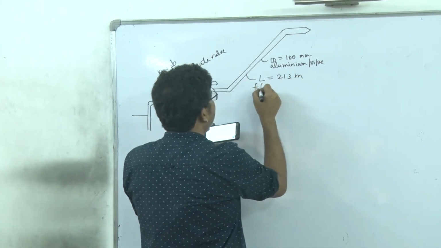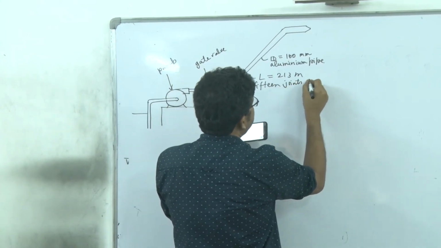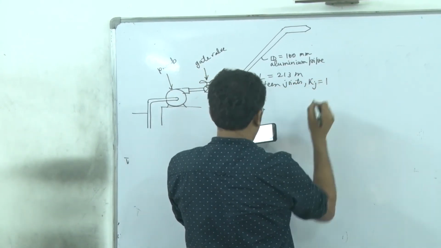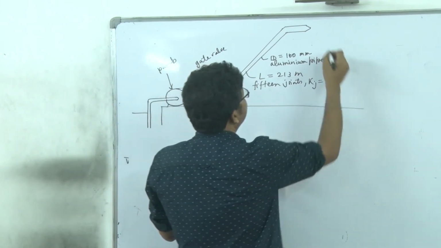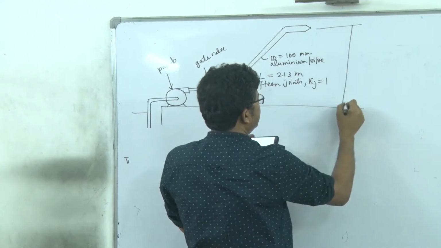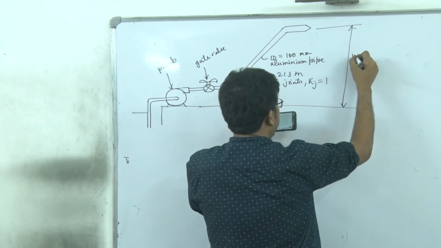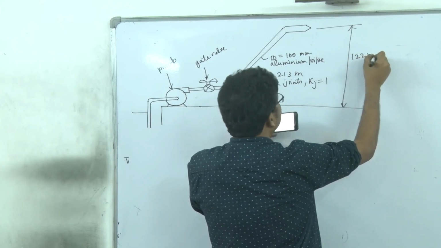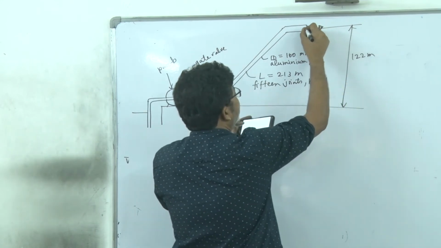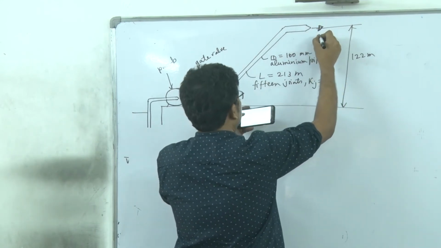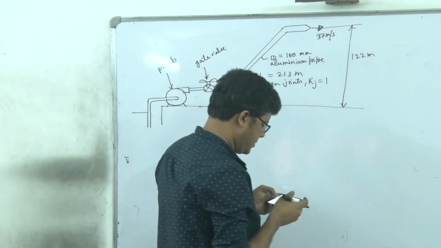And there are 15 joints, and K joint is equal to 1. This elevation is 122 meter, and the liquid is ejecting out from the nozzle at a velocity of 37 meter per second.